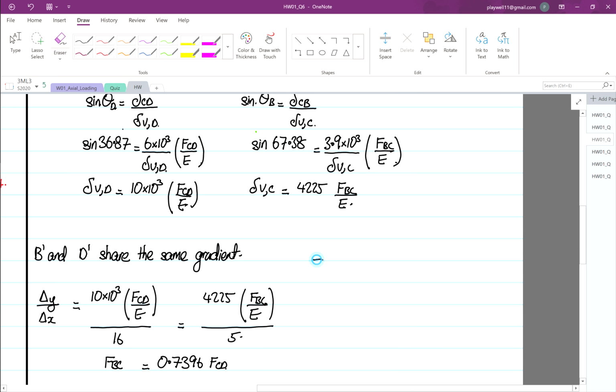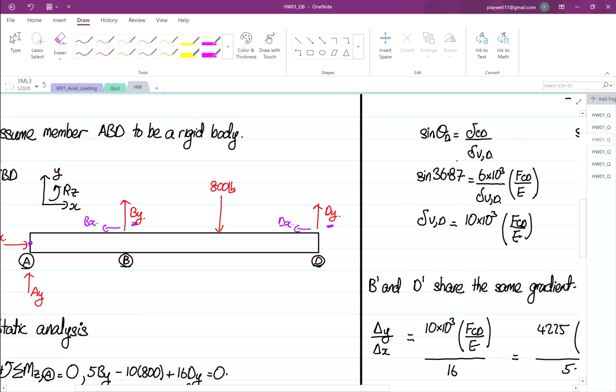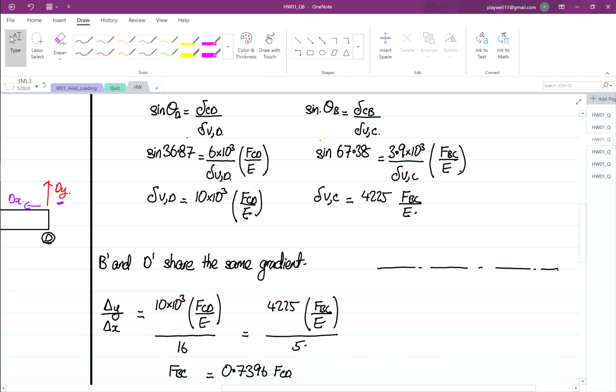You have a structure like this now. This is your point A, this is your point B, and this is your point D. When they deflect on the same line, they share the same gradient. Over here is your B prime, and over here is your D prime.